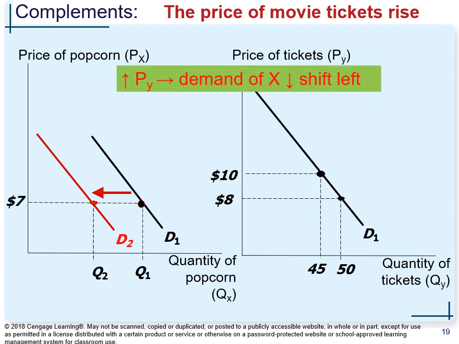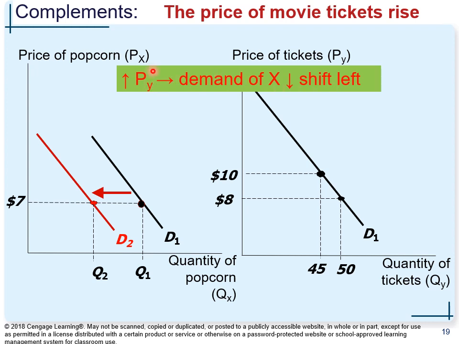So here what we observe is, look at the direction of the arrows. The direction of the arrows here is different than in the previous slide. When the price of good Y goes up, the demand for good X goes down. Why? Because they are complements. They are bundled together.